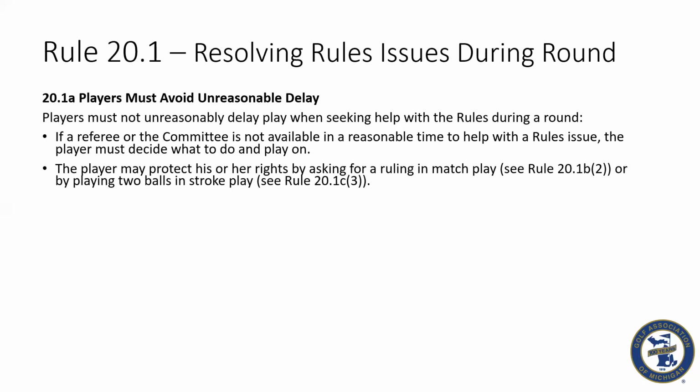It's a lot easier to get a rules official out there. But for some of our events, the players are just going to have to play 2 balls. Or if it's an event where Tom is on the front and Craig is on the back, they're just going to have to play 2 balls because there are not going to be rules officials out there. Okay, but there's a couple scenarios here on what we can do.